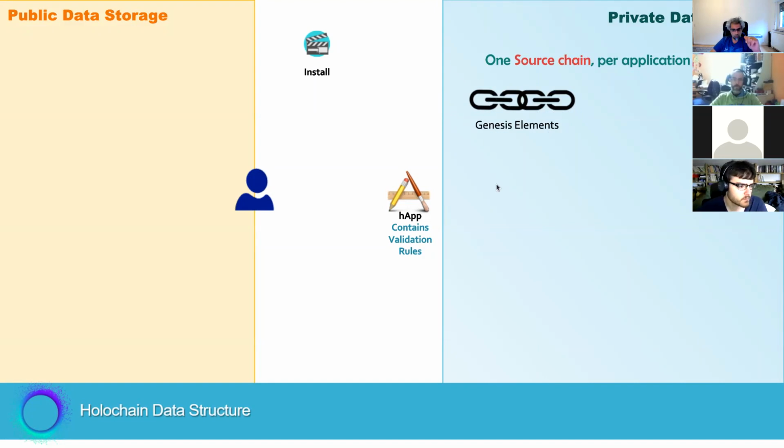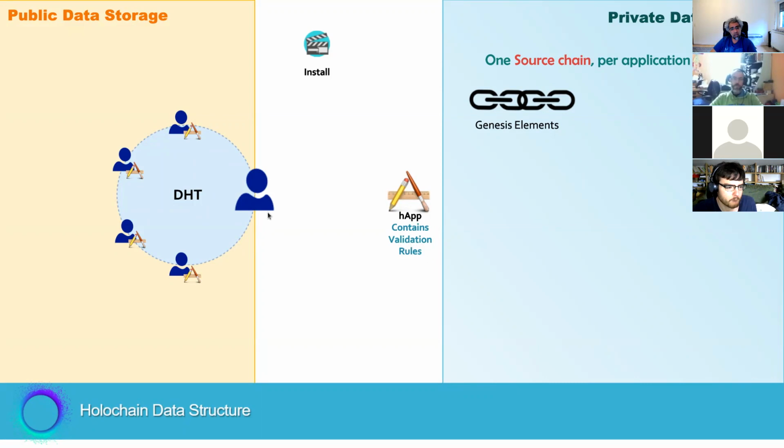Other people who are supposed to play the same game with you, or be inside the same network, are going to install the same application with the same set of business rules and validation rules.